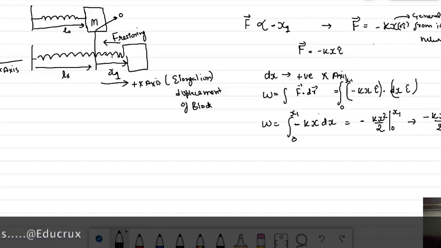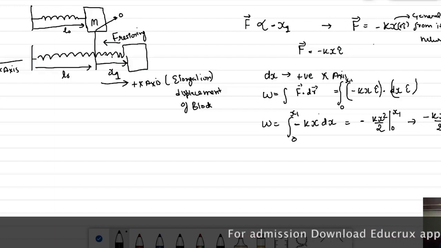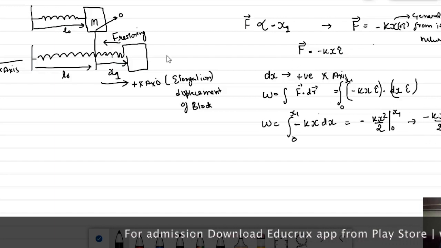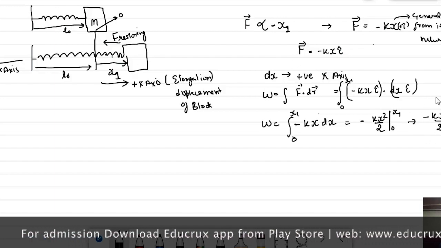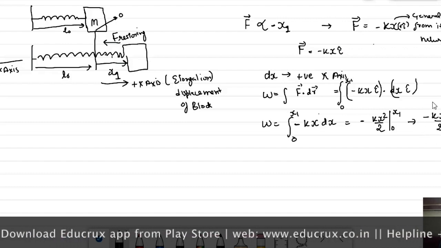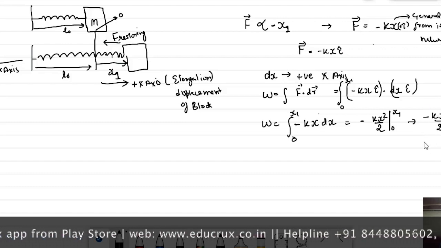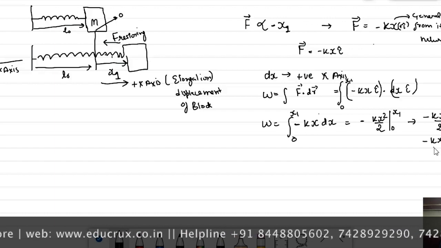So this is our answer. If I elongate the spring by this much length, that is x1, then the work done by the spring force is equal to minus kx1 square by 2.